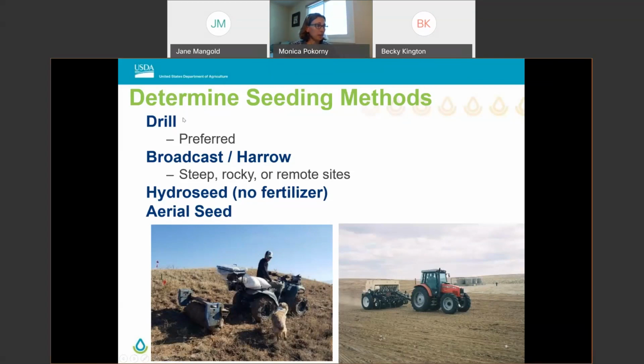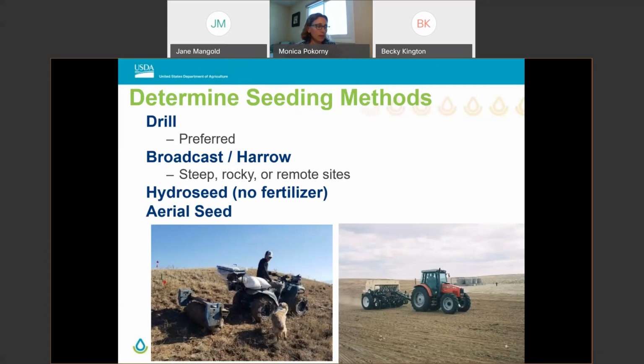But it's really an optimal way to seed because you can control how deep you're planting your seed. You can get your seed in really good contact with the soil. You can adjust your seed rate, your row width, your planting depth. It just has a lot of different variation, and you can really dial in to your seeding practice.